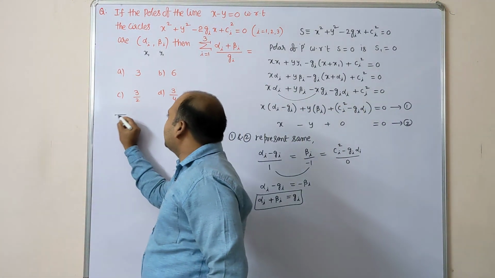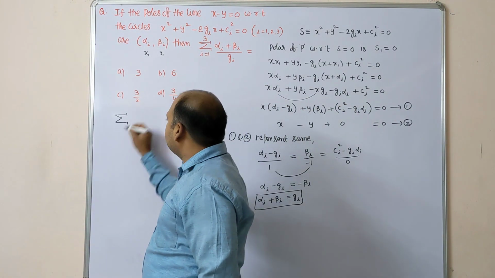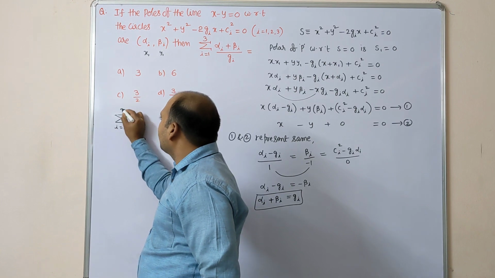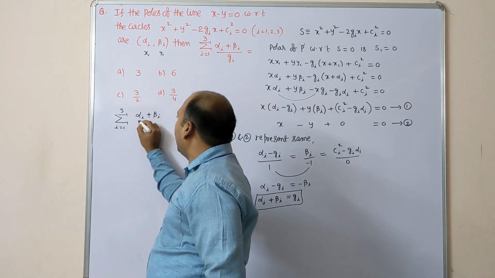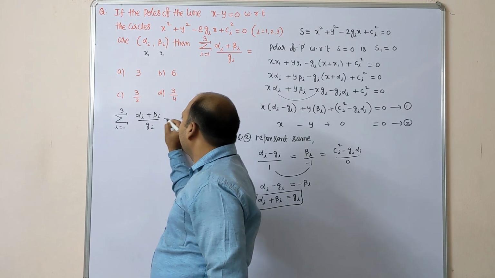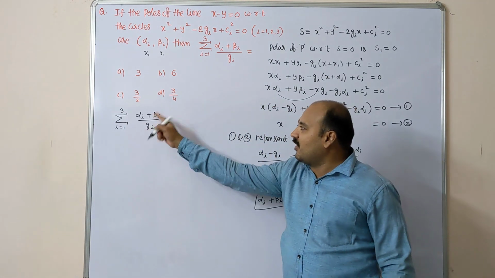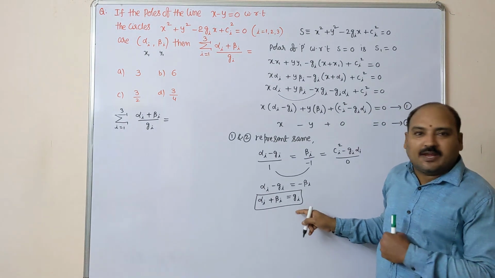Now come to the question. Sigma i equal to 1 to 3, (alpha i plus beta i) divided by gi is equal to, in place of alpha i plus beta i, replace with gi.